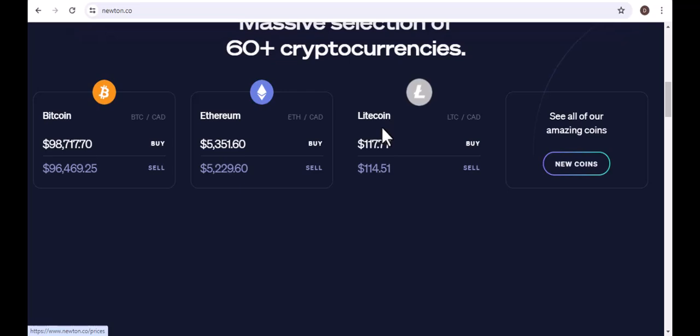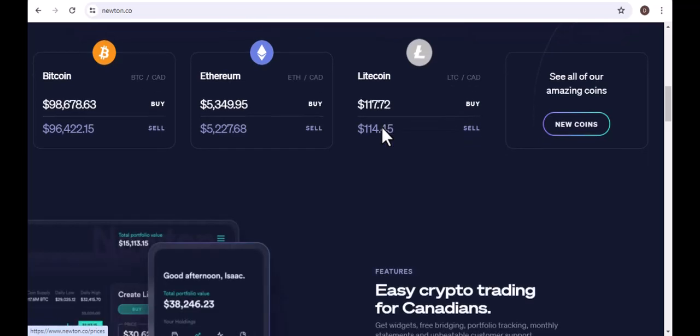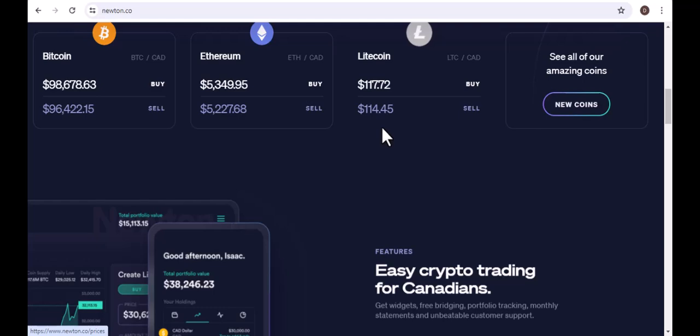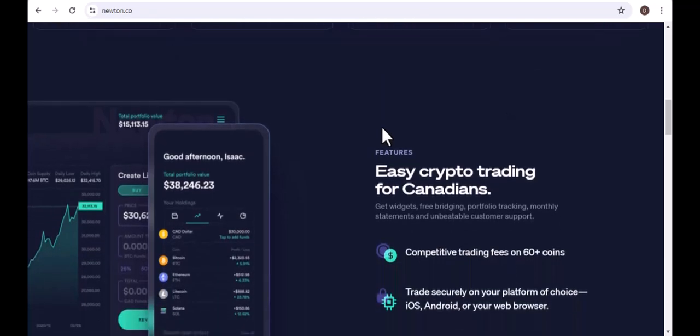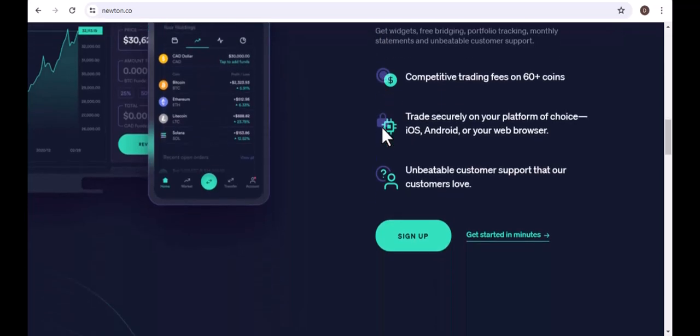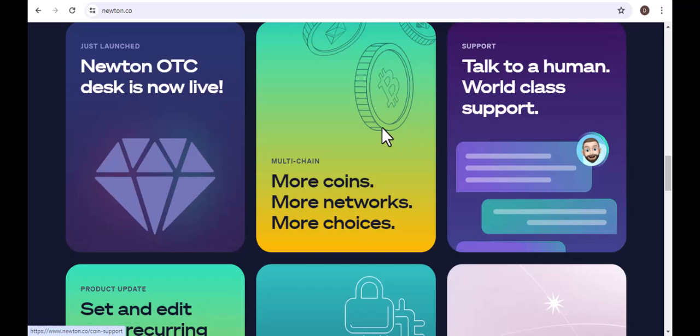While Newton often boasts low fees, it's always best to be aware of any charges that might apply to your transaction. Processing times can vary depending on the volume of transactions and the processing times of your bank, so patience can sometimes be required. Alright, with those prerequisites in mind, let's get into the actual steps of transferring your funds.